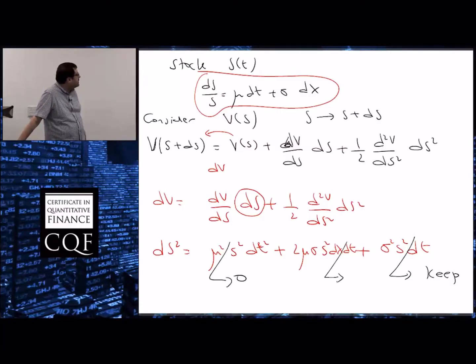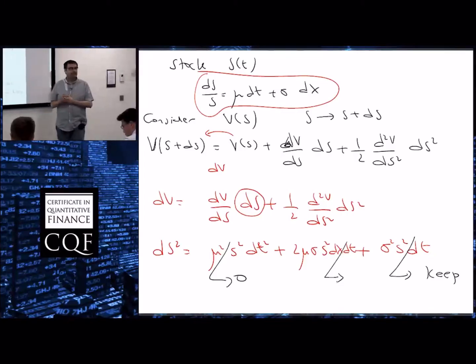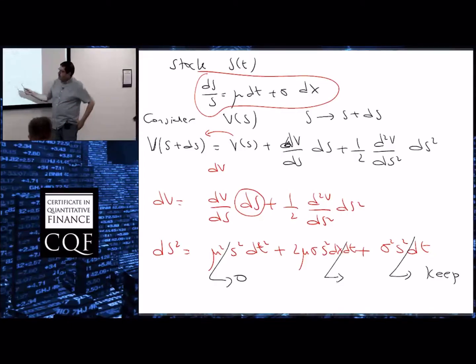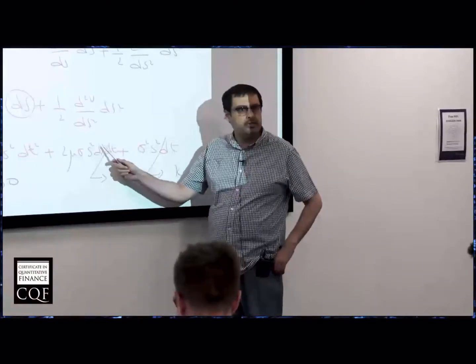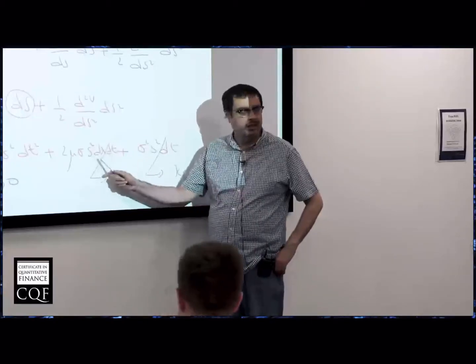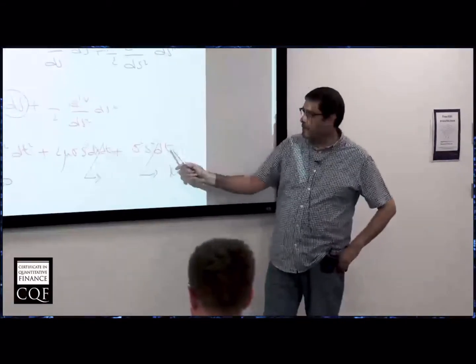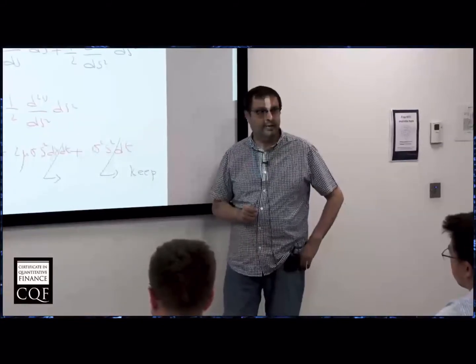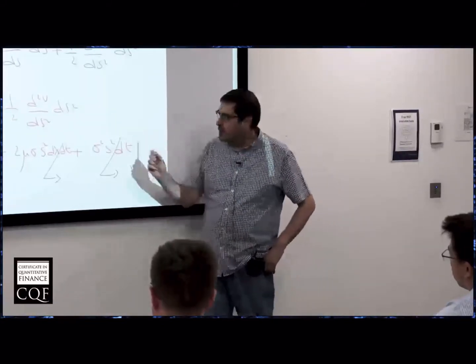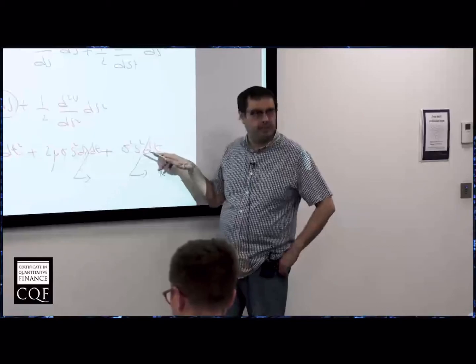Do we keep it or do we get rid of it, together with a reason for your choice. What's the size of dX? Root dt. So what's the overall size? dt to the 3 over 2. So is that smaller or larger than this? It's smaller, right? When dt becomes very, very small. So we get rid of that as well. So all we're left with is the diffusion squared times dt.